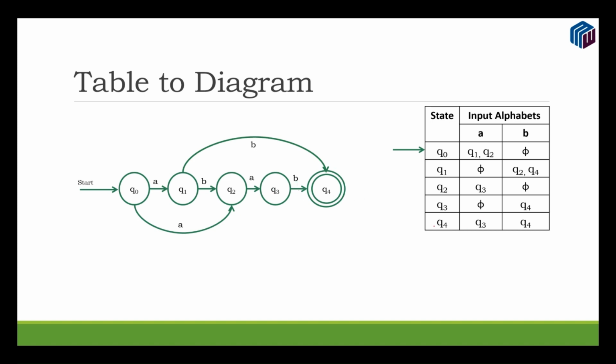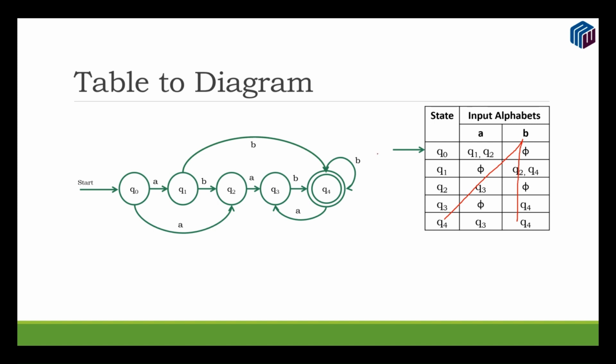For Q4, Q4 on A we have Q3, so we draw the transition line from Q4 to Q3. Q4 on B we have Q4, so we have to draw it to itself.